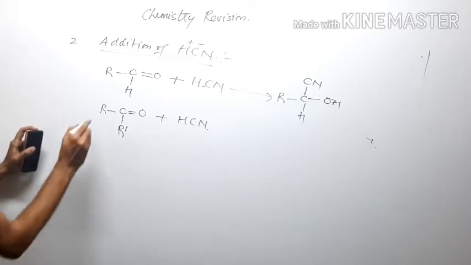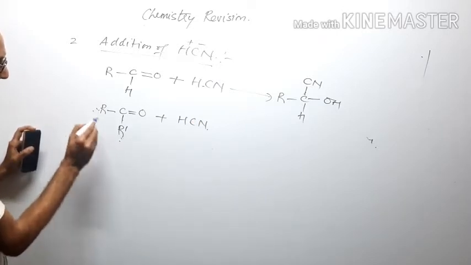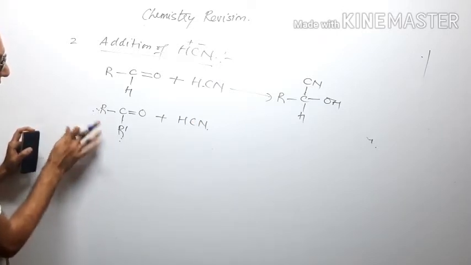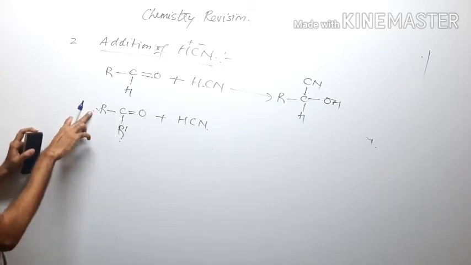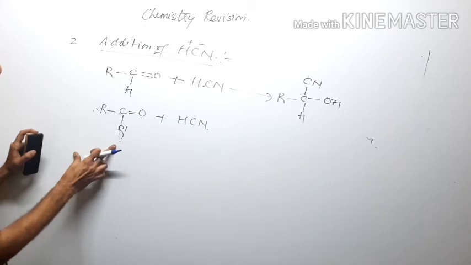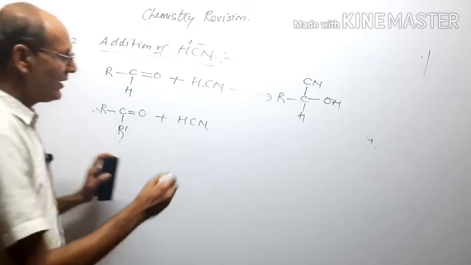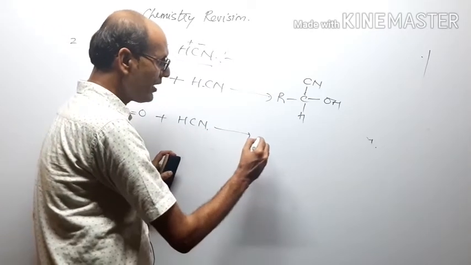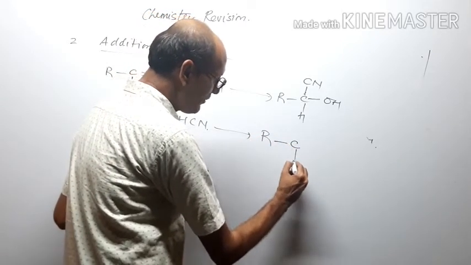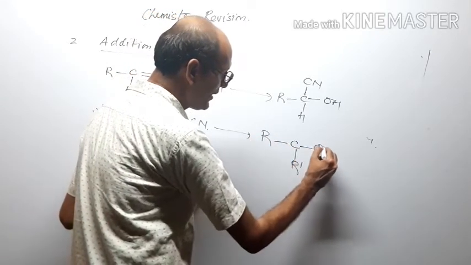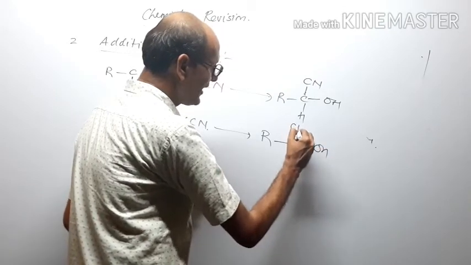This is the unsymmetrical ketone because one is R, another is R dash. That means you can take here CH3 and here C2H5 or any other alkyl or aryl group. So you will write R single bond C, single bond R dash, single bond OH, single bond CN.